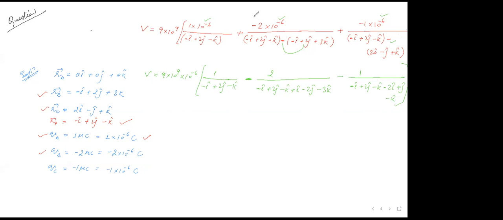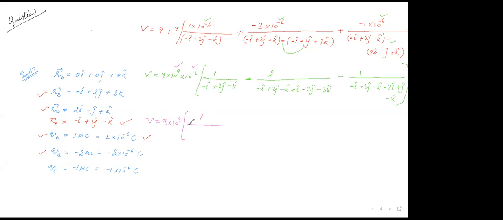Hence, in the next part, V is equal to 9 into 10 raised to the power 9 and 10 raised to the power minus 6 will be 10 raised to the power 3.